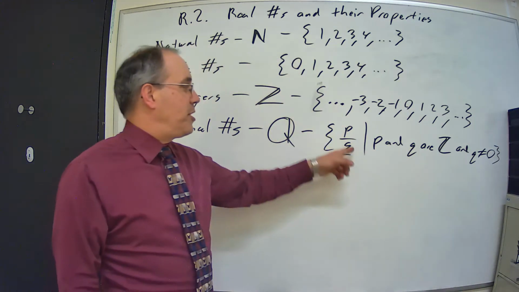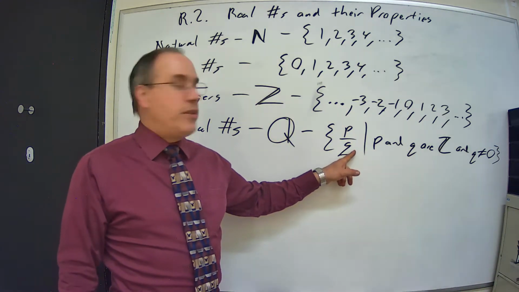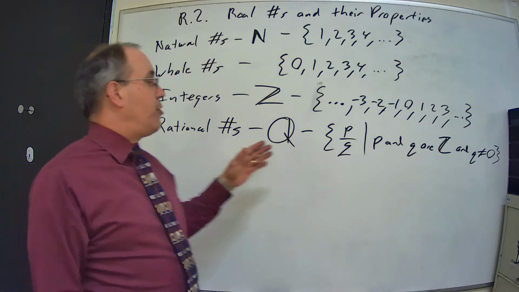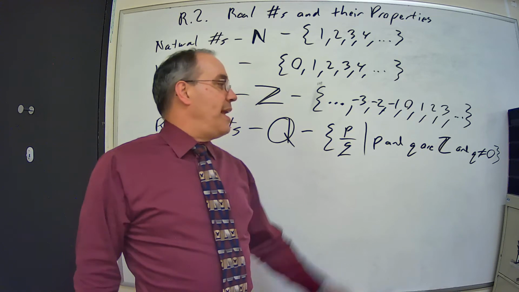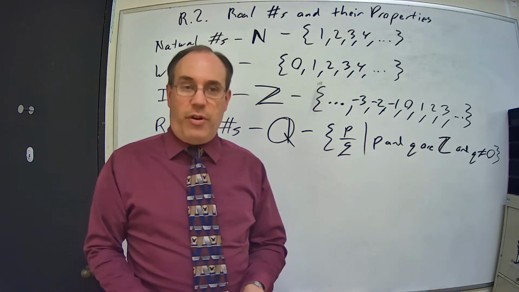Which should make sense because you can't divide by 0. So rational numbers can be written in the form P over Q, where P and Q are integers, and Q is not equal to 0.